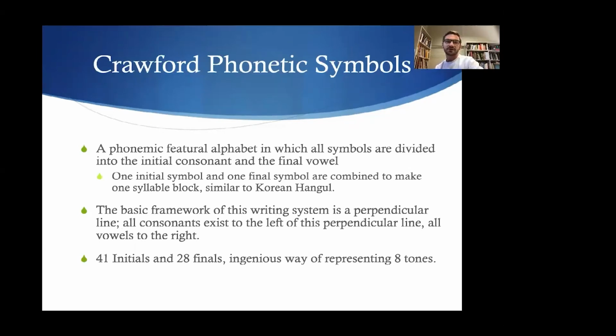The basic framework of this writing system is a perpendicular line with all consonants to the left and all vowels to the right. It has 41 initials and 28 finals, not all of which would still be in use today. And it has a really ingenious way of representing the original 8 tones of Shanghainese.